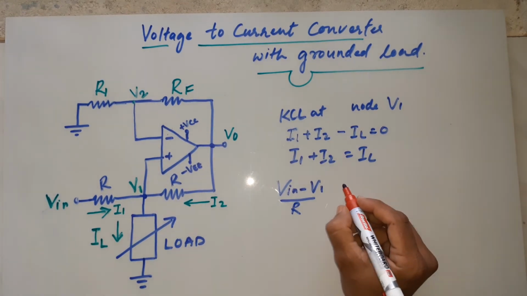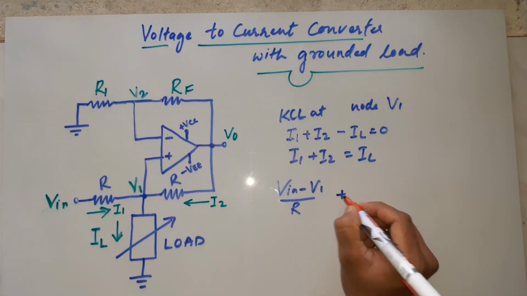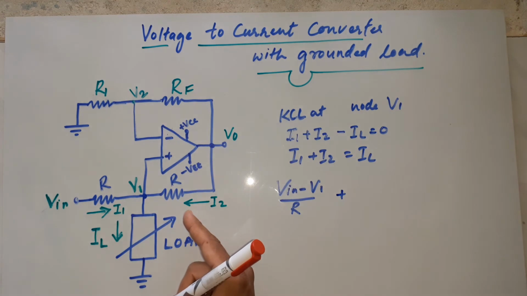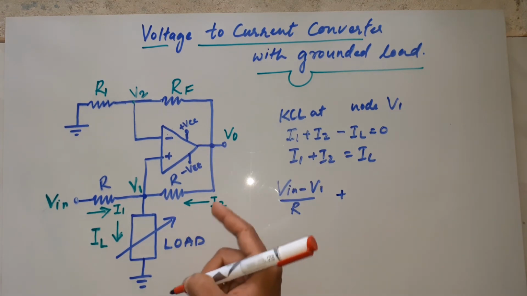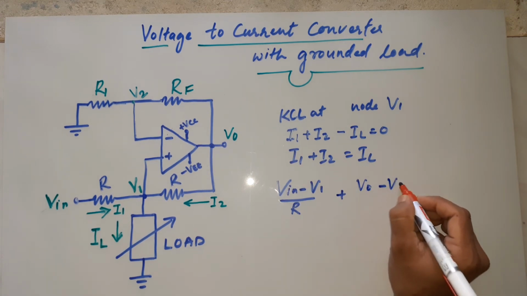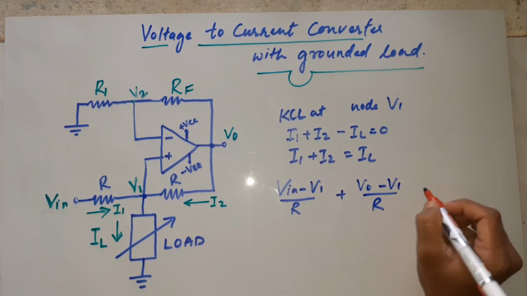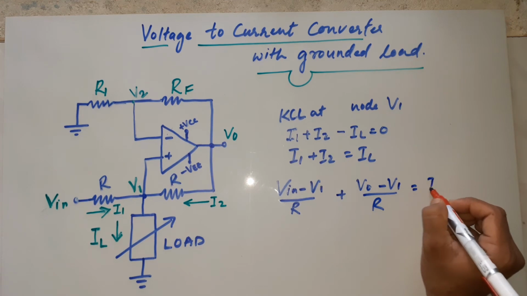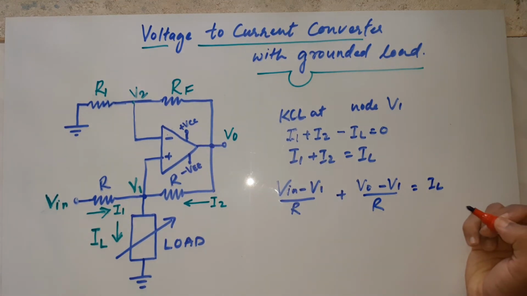Similarly, we can write for I2. How can I write voltage? What is voltage at this point? It is V0. V0 minus V1 divided by R equal to I2. Now I will simplify this.